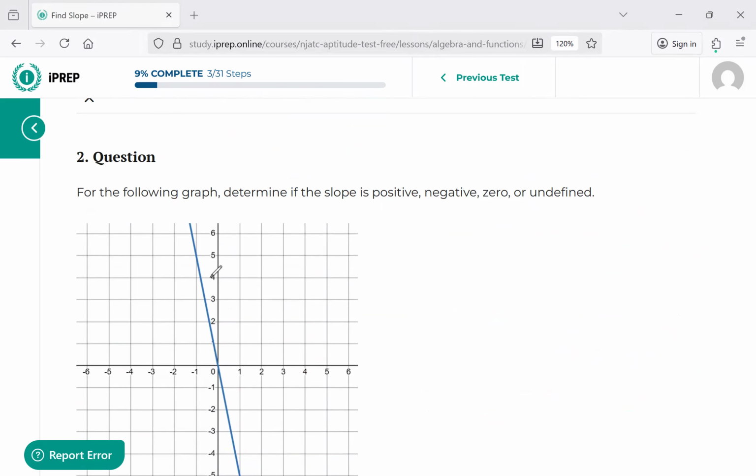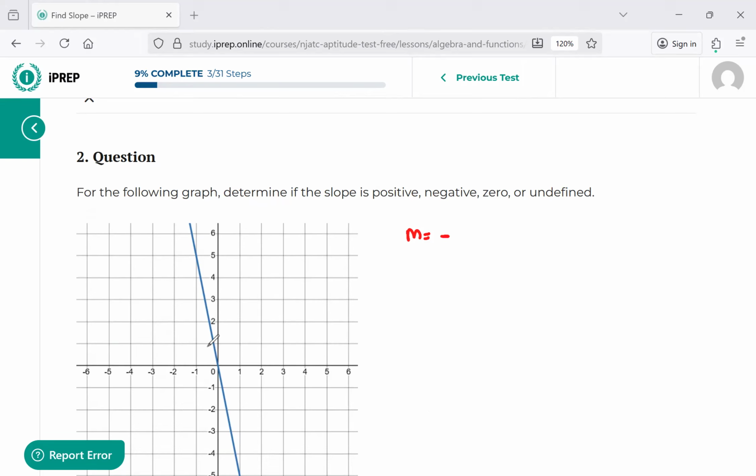Okay, this one is a linear line and it's going in the negative direction, so I have a big idea that our slope will definitely be some kind of negative value. You could go through the origin and figure out how much it rises and how much it runs, but I'm not really sure with that method.